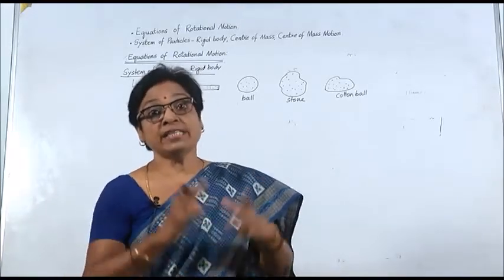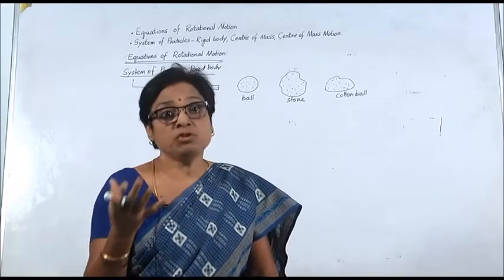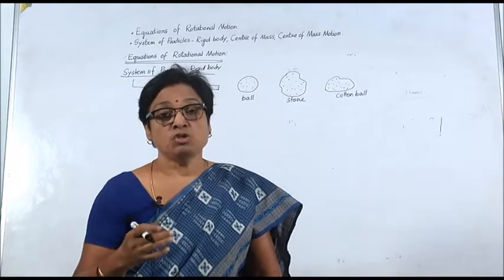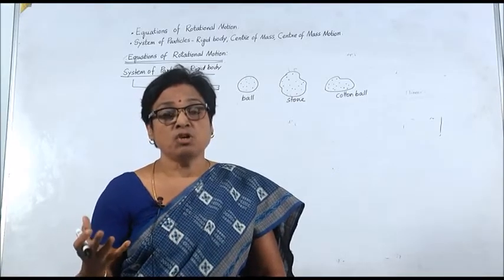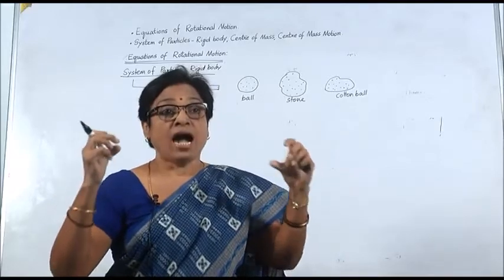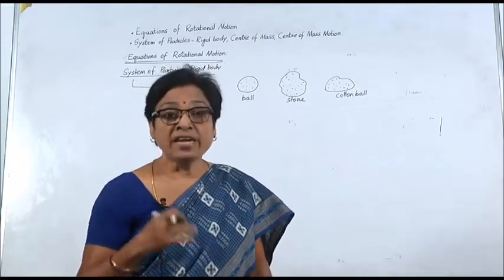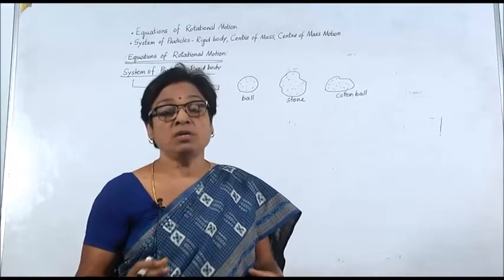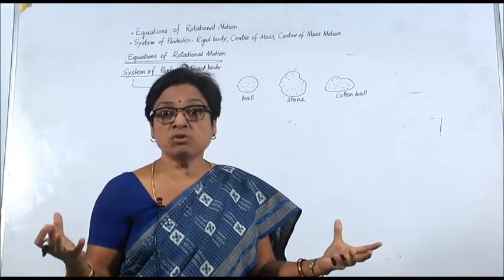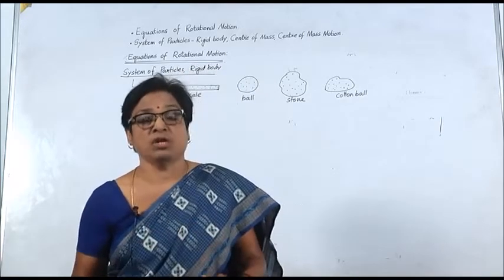So, you will have 8,000 equations, because all these particles will have different force, different mass, and so different accelerations. So, how do we know how much acceleration the system has as a whole? To find that out, we have to solve those 8,000 Newton's equations. This becomes very tedious and it is not actually possible.